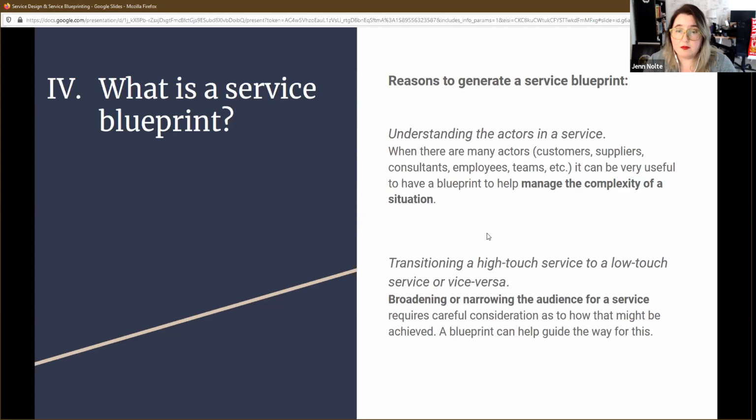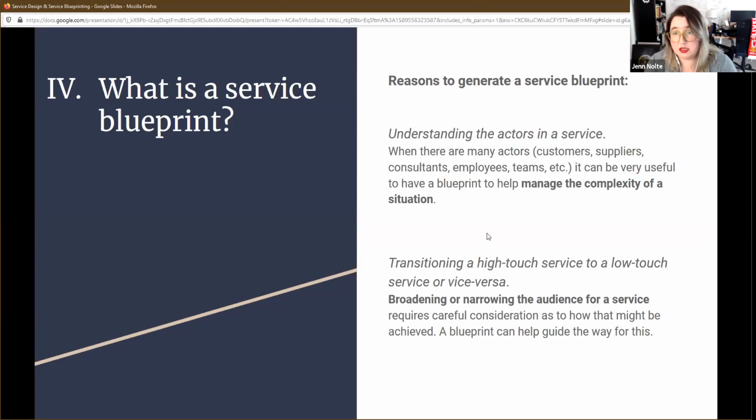So let's say you're used to providing a particular service only to faculty, and now you're also going to start providing that service to graduate students. Well, what does that mean? What expectations might the graduate students bring to the service that would be different from what the faculty expect? Maybe faculty are used to longer turnaround times and graduate students are not.